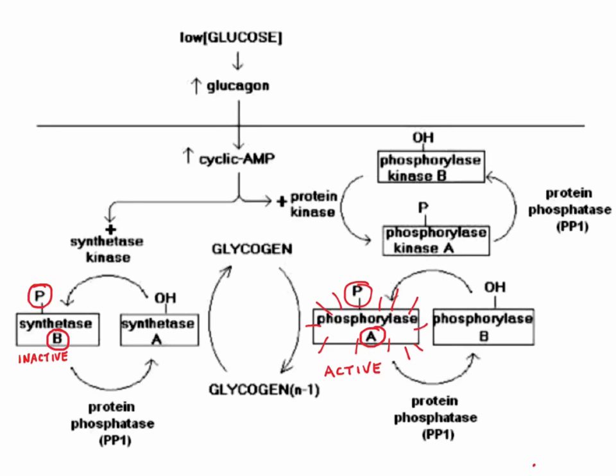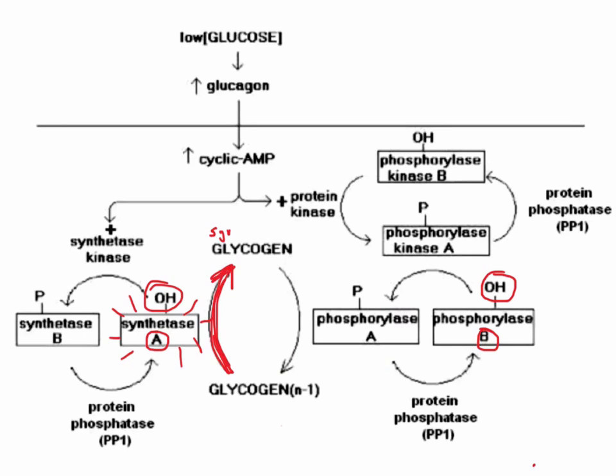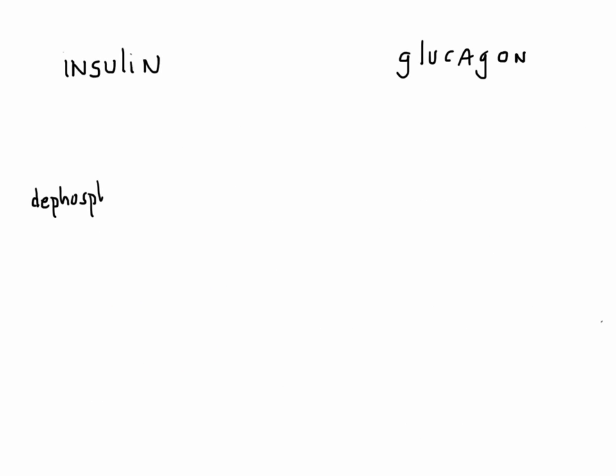So when both enzymes get phosphorylated, synthase is inactivated and the phosphorylase is activated. Glycogen is broken down and glucose is released. If both enzymes are dephosphorylated, the synthase is active and the phosphorylase is inactivated. Glycogen is being synthesized. Primary control is through extrinsic regulation by the blood hormones insulin and glucagon.